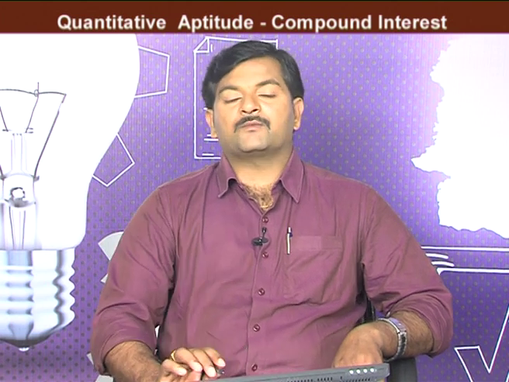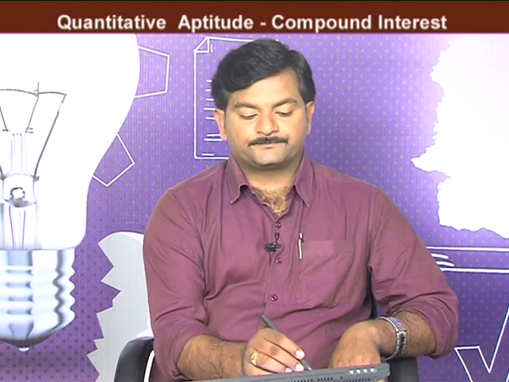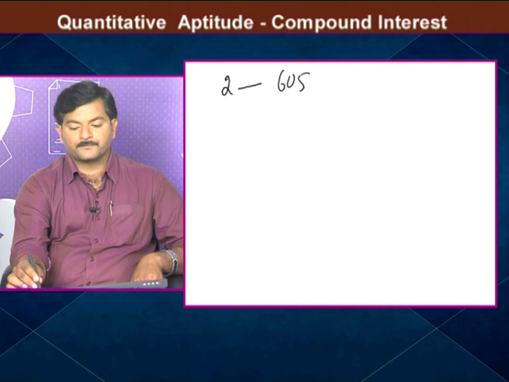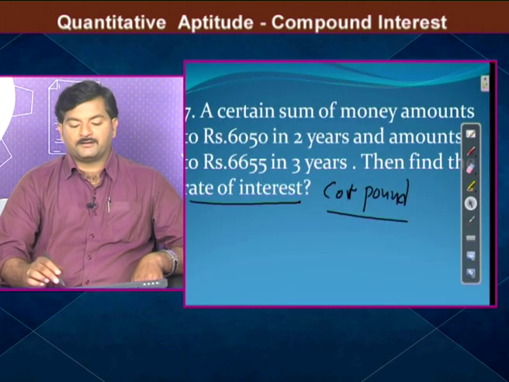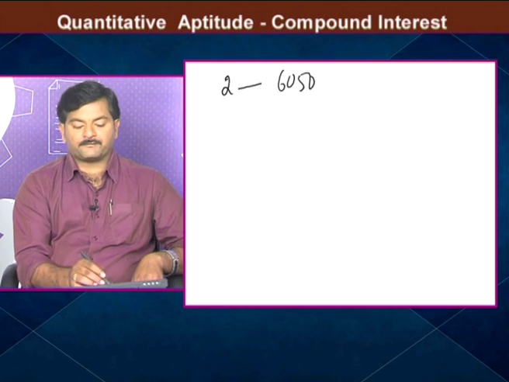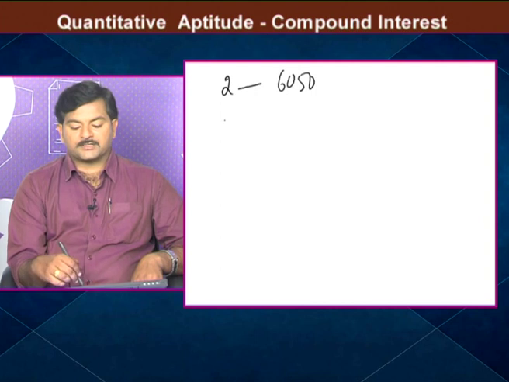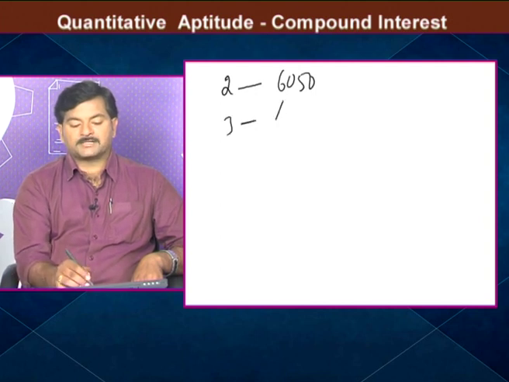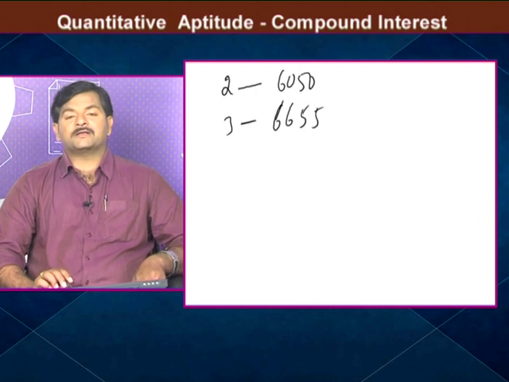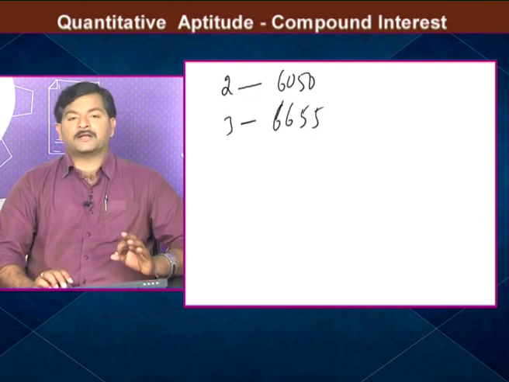For 2 years it will amount to how much? For 2 years it amounts to 6050 rupees, and for 3 years it will be 6655 rupees, according to compound rate of interest.